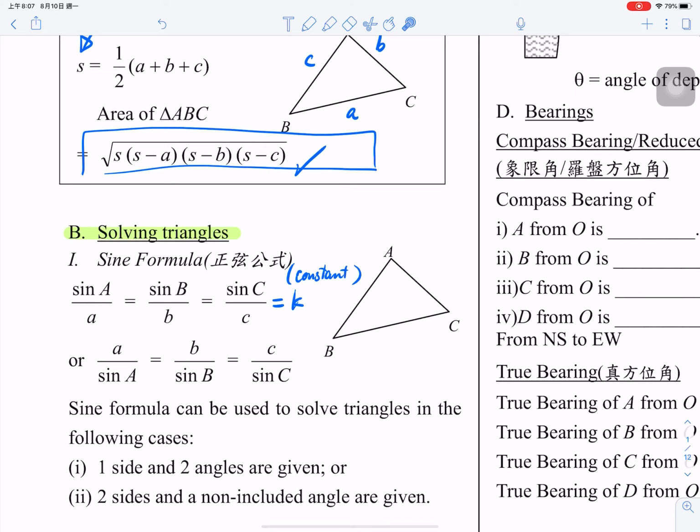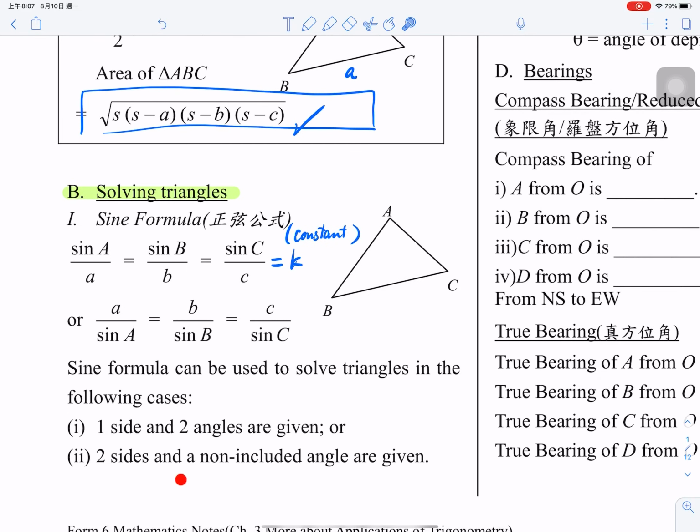The sine formula can solve the triangle in these 2 different cases. If 1 side and 2 angles are given, then you can solve it. Or 2 sides and a non-included angle are given, then you can also solve the triangle. Solving the triangle means you can find all the lengths and all the angles.